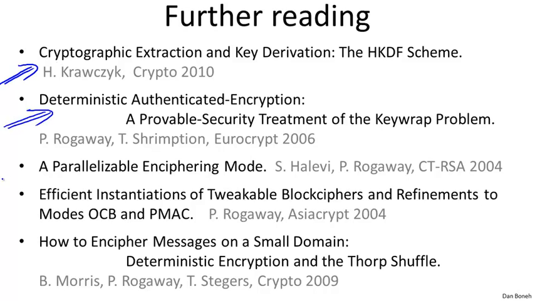The EME mode that we described that allows us to build a wide-block pseudo-random permutation is described in this paper here by Halevi and Rogaway. Tweakable block ciphers that led to the XTS mode of operation used for disk encryption are described in this paper here. And finally, format preserving encryption is described in this last paper that I point to over here.